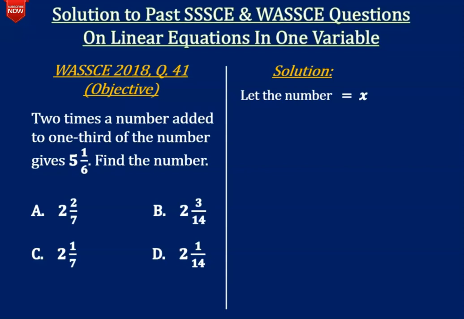Two times the number added to 1/3 of the number means 1/3 of x plus 2x. And this we are told is equal to 5 and 1/6.